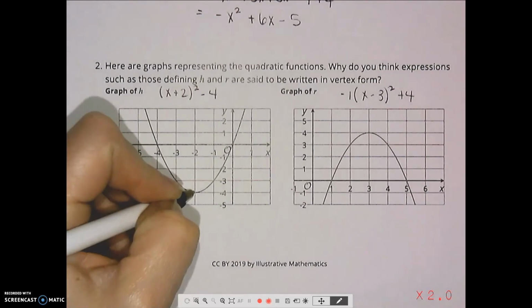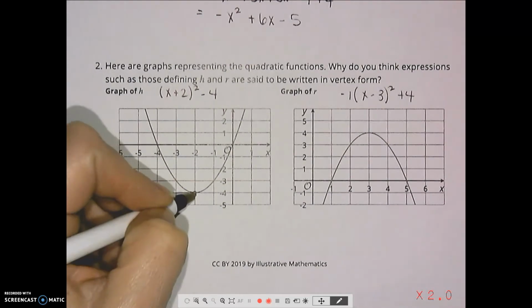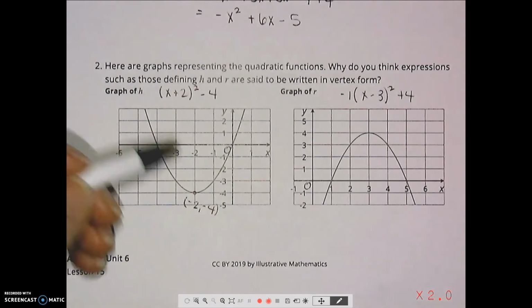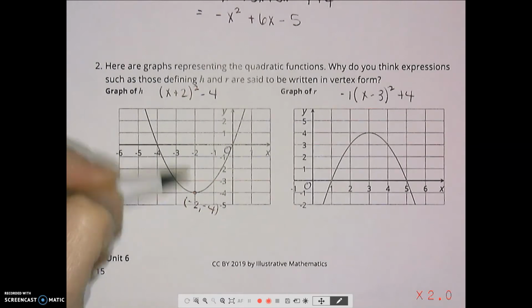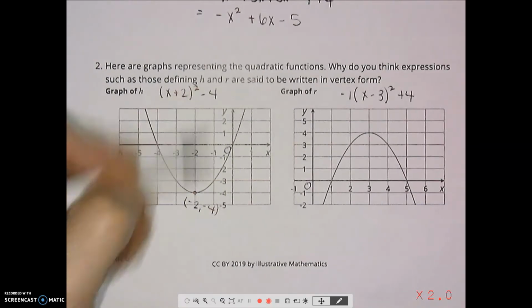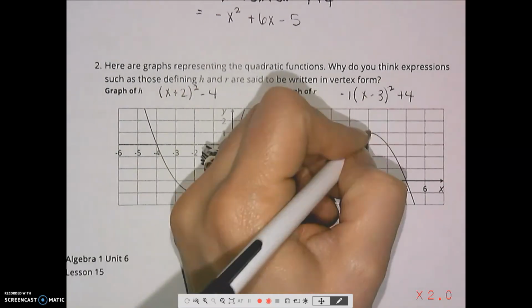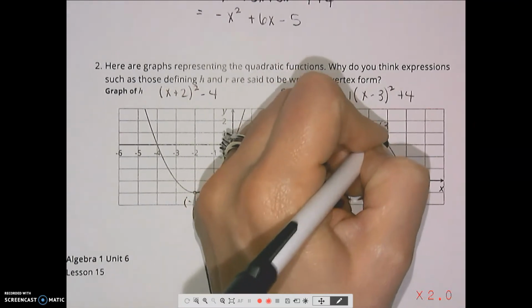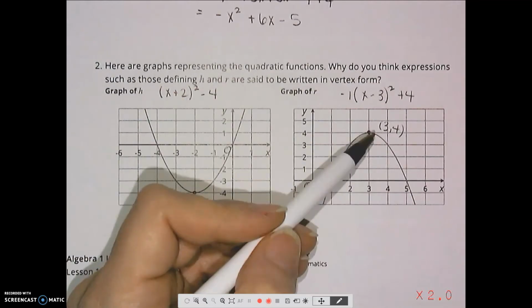Well, if we're looking at the vertex here, it has the coordinates -2, -4. So we see there's a positive 2 in the expression, but that -4 stays the same. Let's see what happens over here. Our vertex for this one is the point 3, 4.